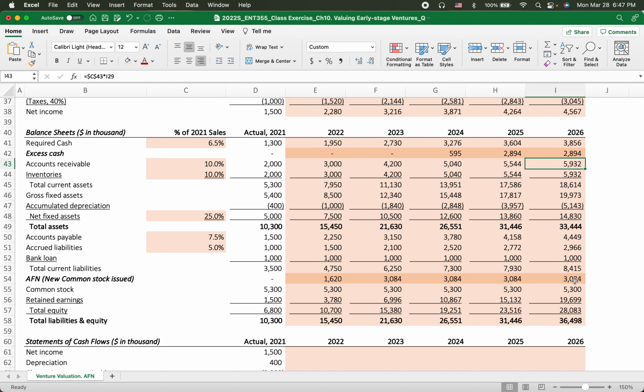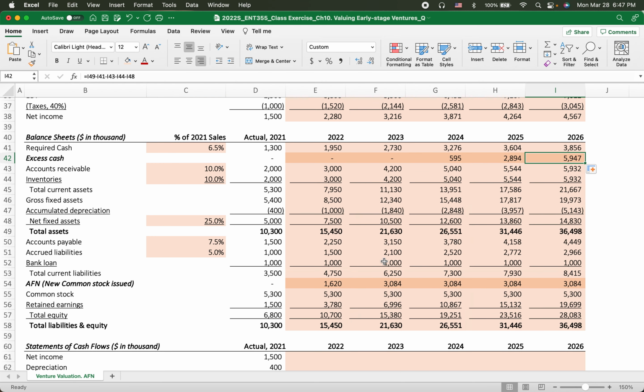So we do not adjust this, but here, let's just match this total asset and total liability, and then drag to the right. So it has been increased, right? Total excess cash increased. The increase in the excess cash between 2025 and 2026 is free cash flow generated by the firm.